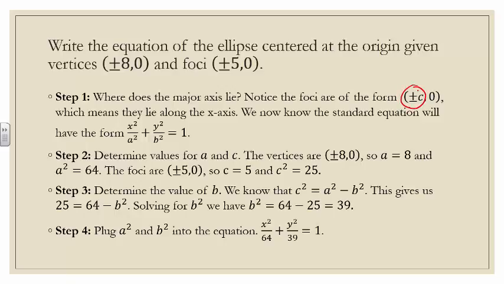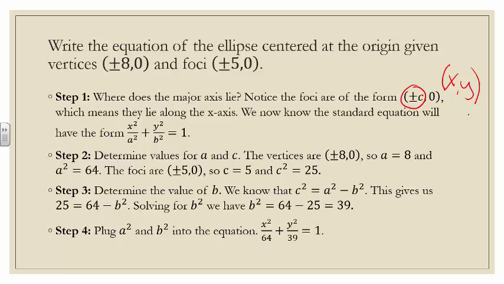Plus or minus c is in the x position when we have an ordered pair x, comma, y. Because the foci lie along the x-axis, we now know the standard form of the equation will be x squared over a squared plus y squared over b squared equal to 1.